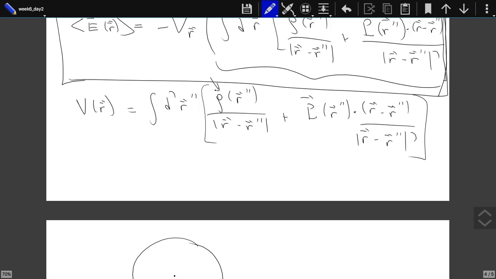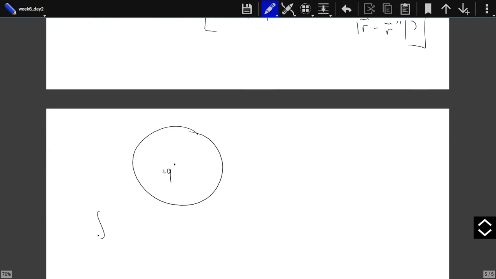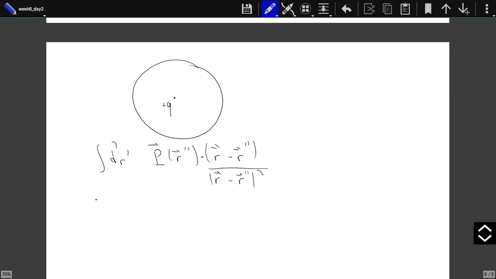Let's look at that last term: the integral d cubed r prime of P at r double prime times r minus r double prime, divided by the magnitude of r minus r double prime cubed, which is equal to the integral d cubed r prime of P of r double prime times the gradient with respect to r double prime of 1 over the magnitude of r minus r double prime.